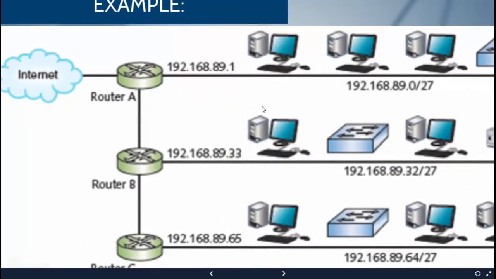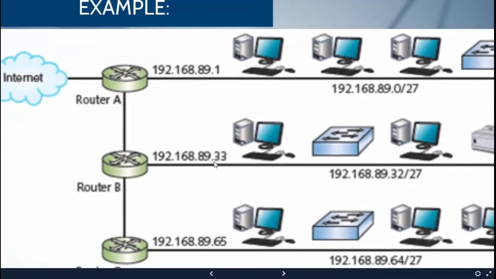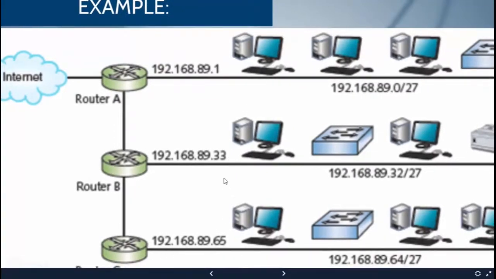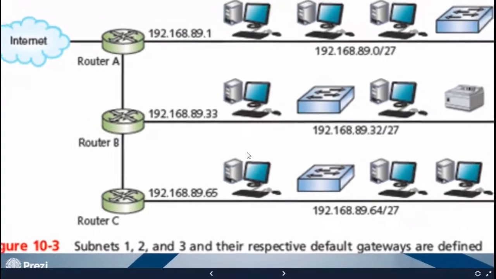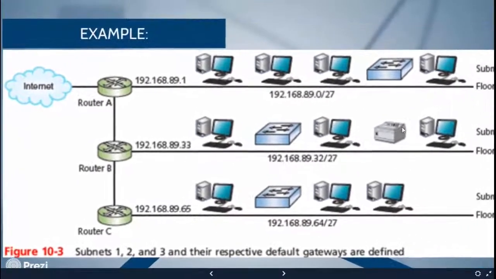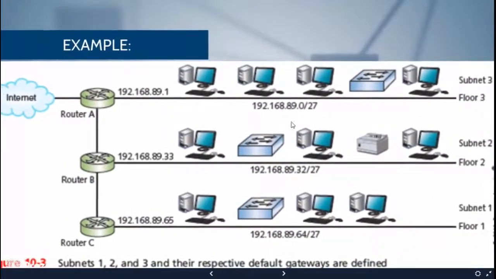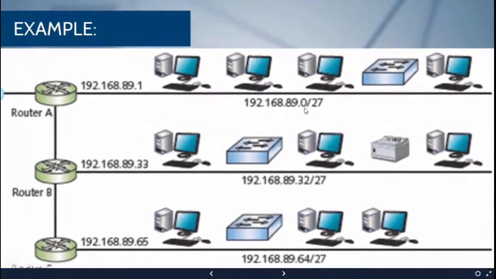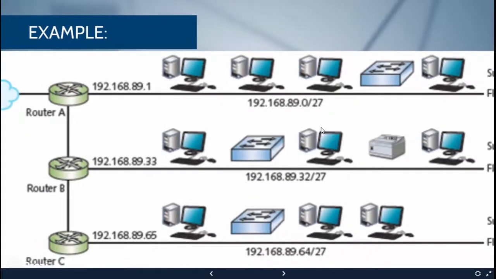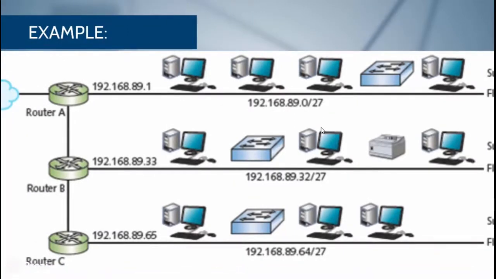192.168.89.1, and then the next is .33, the next is .65. Okay, so from the given range, that is 192.168.89.0/27, which means this is the subnet mask, okay, which determines which part is the network part, and then the host part.